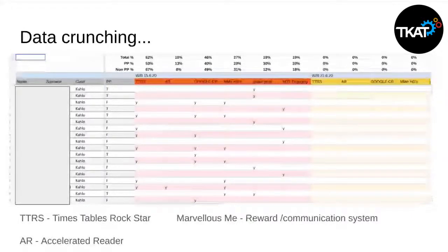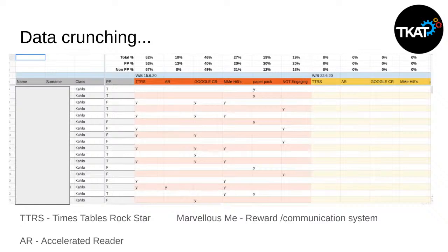It became quite clear that the tracking document was fine. We were tracking what was going on in Google Classrooms, but it was really important that we understood which children were accessing what platform, so that we could really tailor what our children needed. So with this form, there's one for each year group. TTRS is Times Table Rock Stars, and you've got Marvellous Me and Accelerated Reader in the Google Classroom.